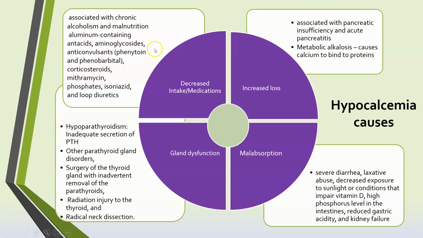You look here, it can be associated with chronic alcoholism, malnutrition, antacids, or using aluminum-containing antacids, certain anticonvulsants, corticosteroids, loop diuretics, gland dysfunction, hypoparathyroidism, which I will tell you right now when we get into endocrine, just see them as synonymous.